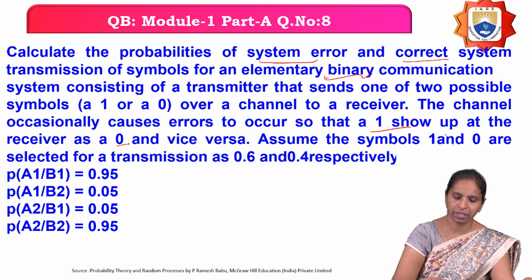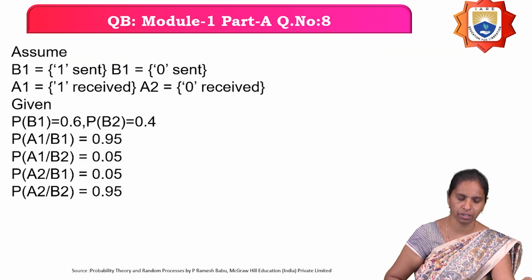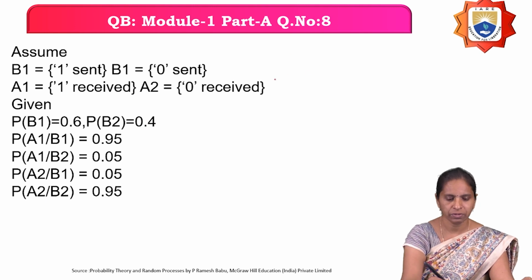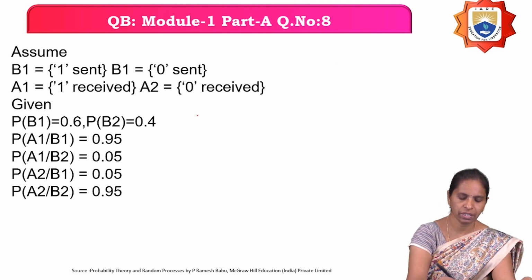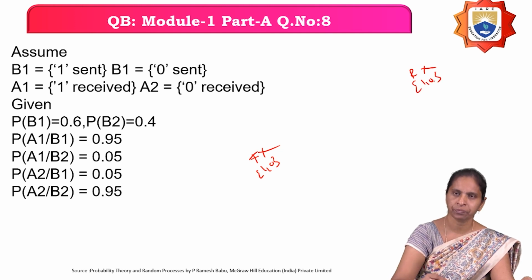And they have given the probability of transmitting the symbols 1 and 0 as 0.6 and 0.4 respectively. Let us say this is a communication system. This is a transmitter and this is a receiver. It is transmitting two symbols, symbol 1 and 0 here.